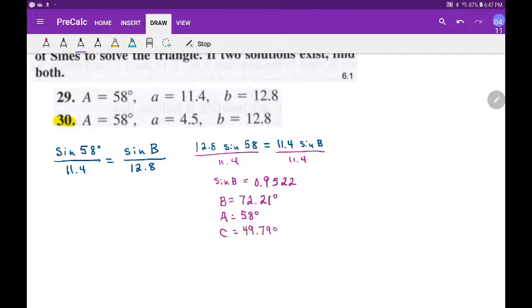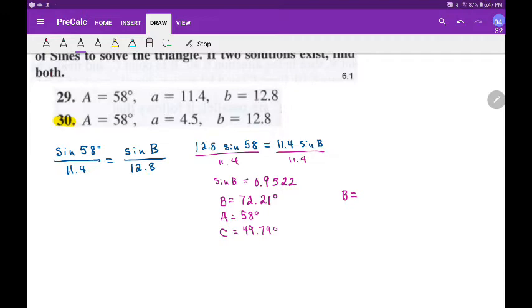The other case is if we take our 72 degrees and we subtract it from 180, and we say, hang on, we're not talking about a quadrant 1 idea here, we're talking about a quadrant 2 idea.